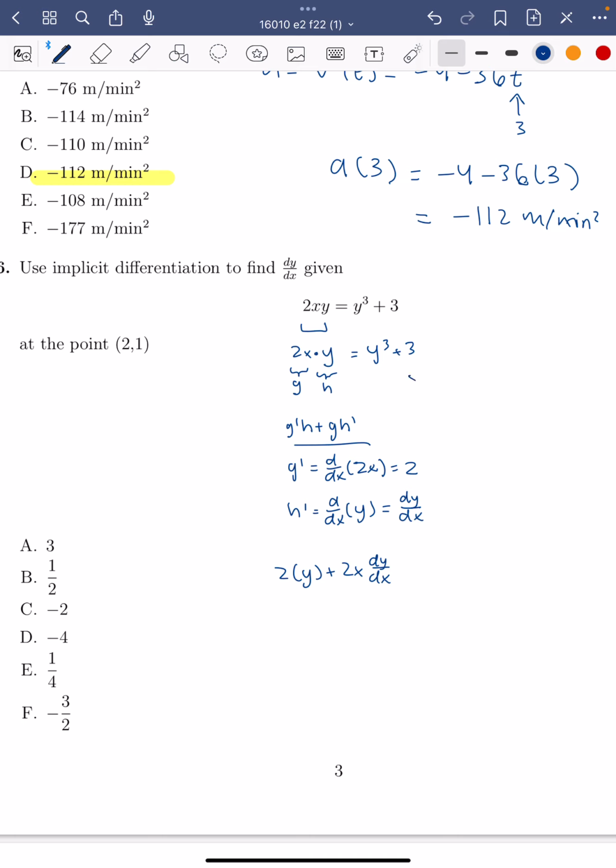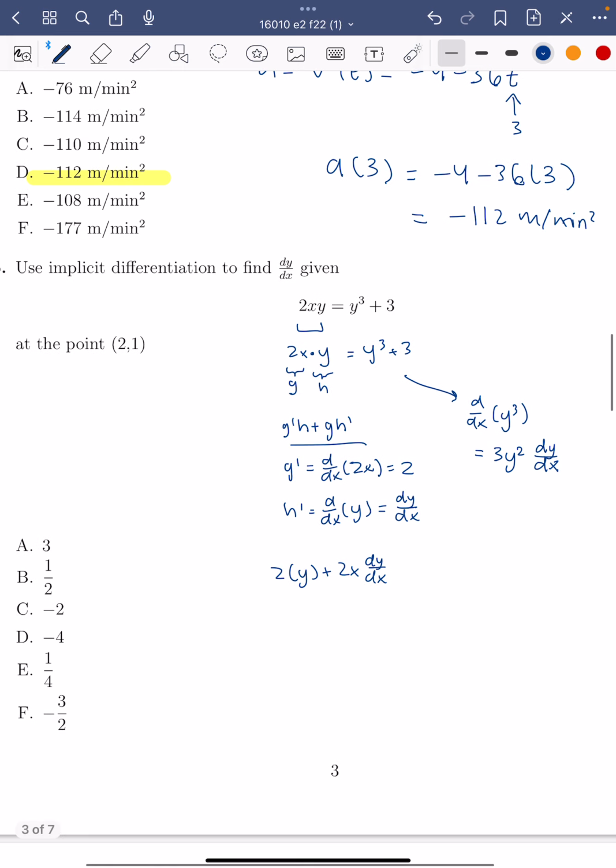Now to do the other side, the derivative with respect to x of y cubed equals 3y squared dy/dx, because we don't know how y is a function of x right now. And the other term, 3 is a constant, so the derivative of 3 is 0.